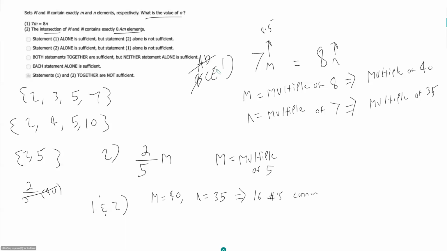Or we can have a case where M has 80 elements and N has 70 elements. In this case, they would have 2/5 times 80, so 32 numbers in common. What makes this still insufficient is the fact that we can come up with different values for N, right? So our answer here is still E.